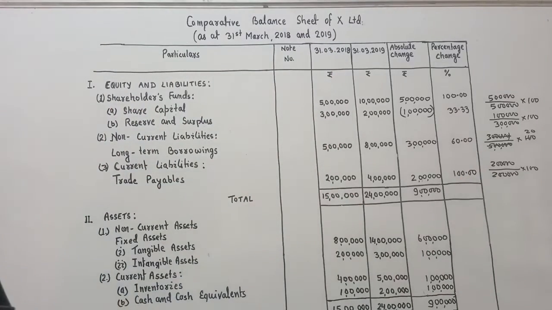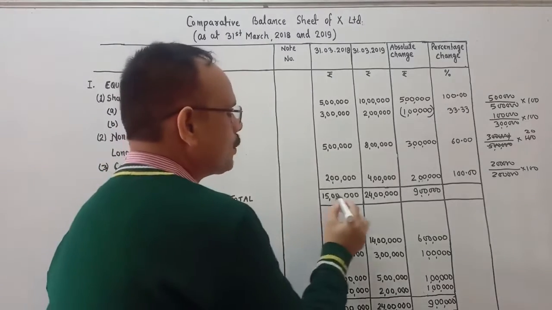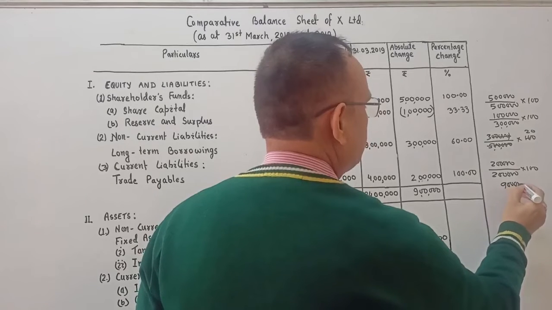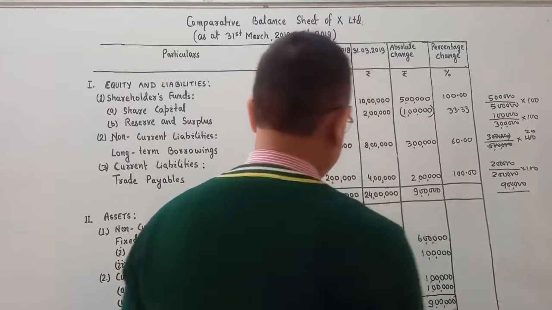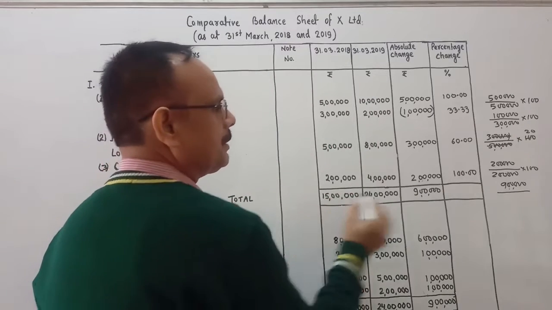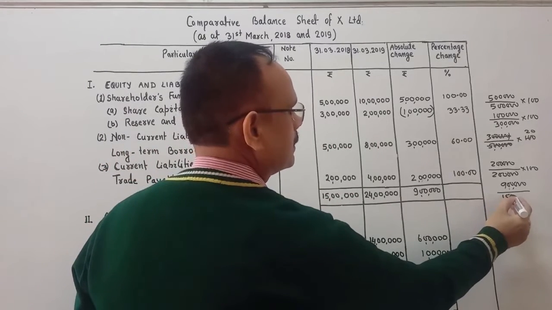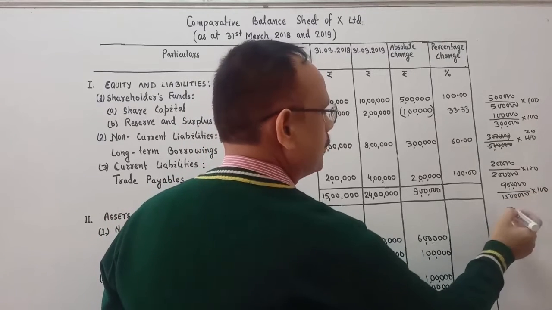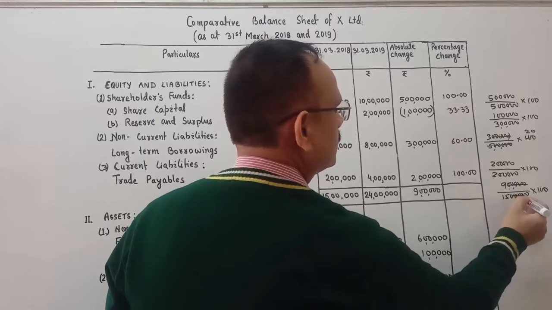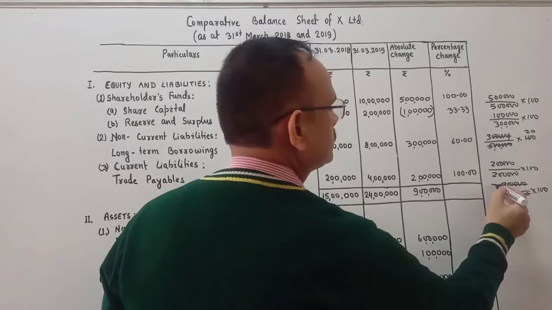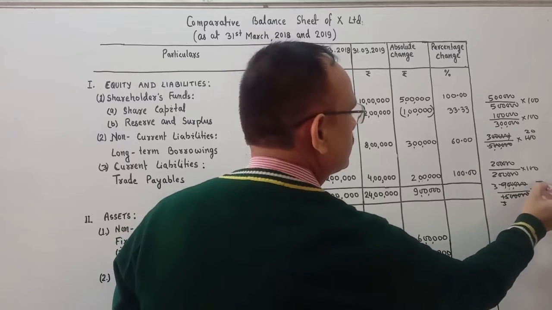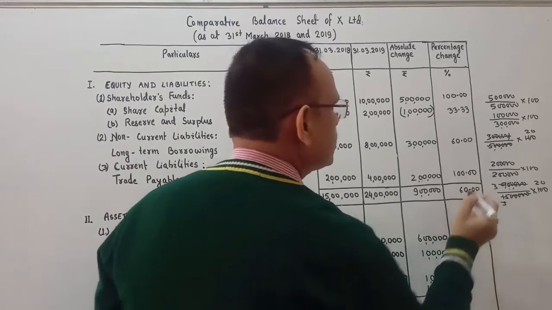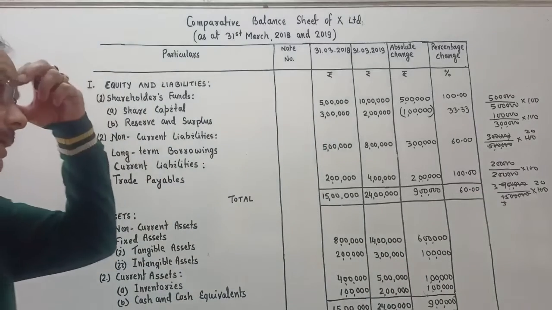Now here in total you see absolute change is 9 lakhs and previous year figure was 15 lakhs, upon the previous year figure into 100. So it's a 60%. In total it is increased by 60%.